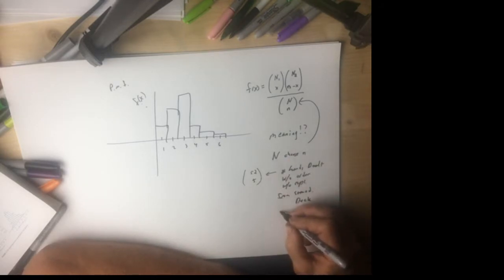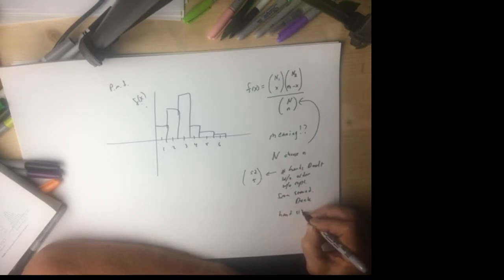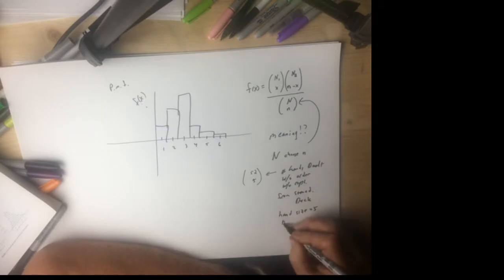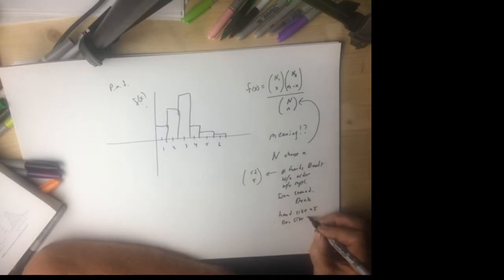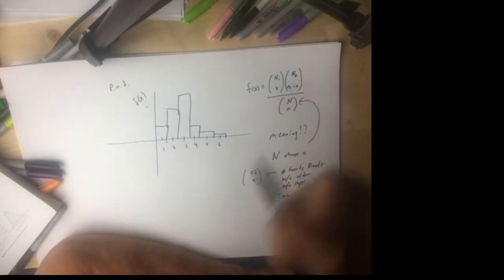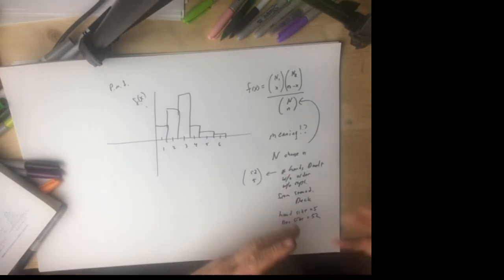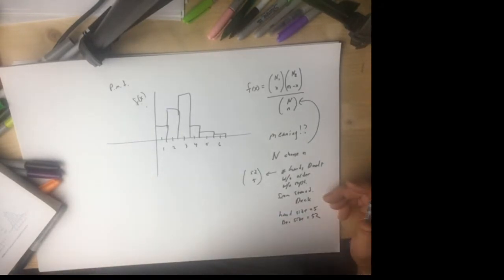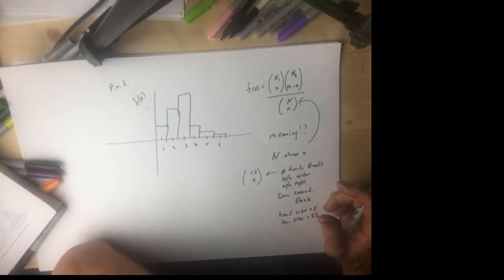And how big is the hand? Hand size equals 5. Deck size equals 52. So it seems like this number n here is really something that's fixed when you start the problem. I'm not a big fan of using little n there, but it's the most common thing.